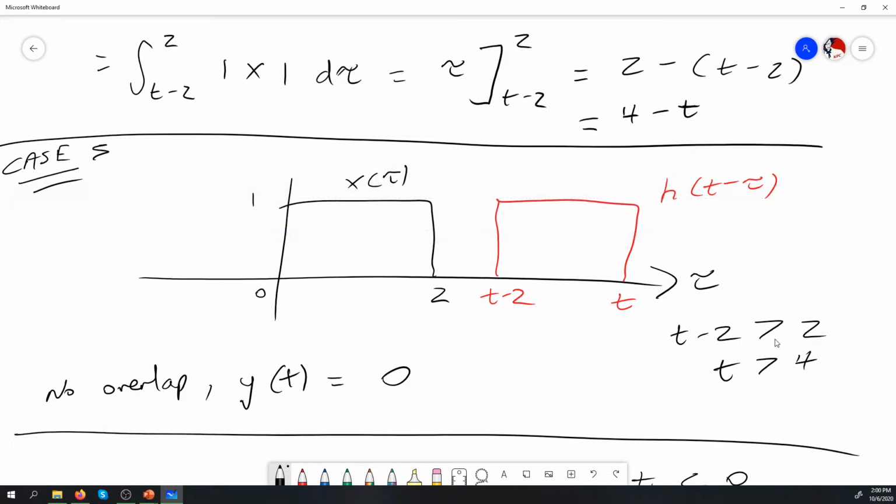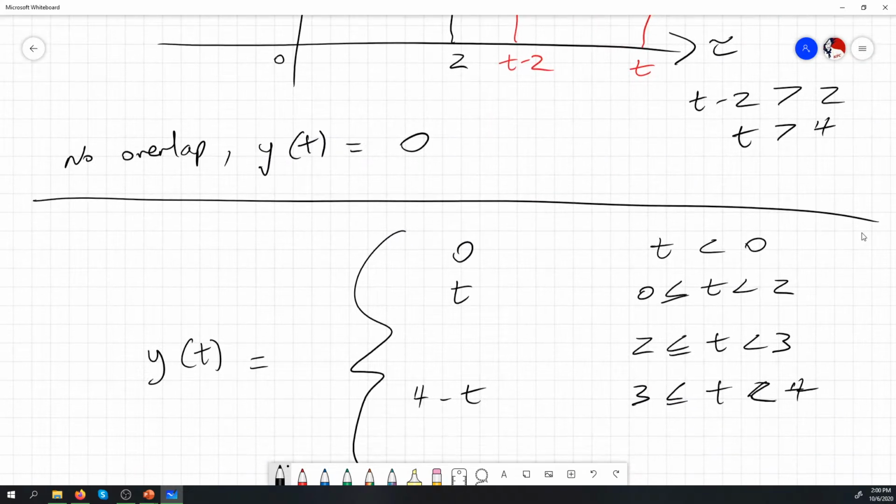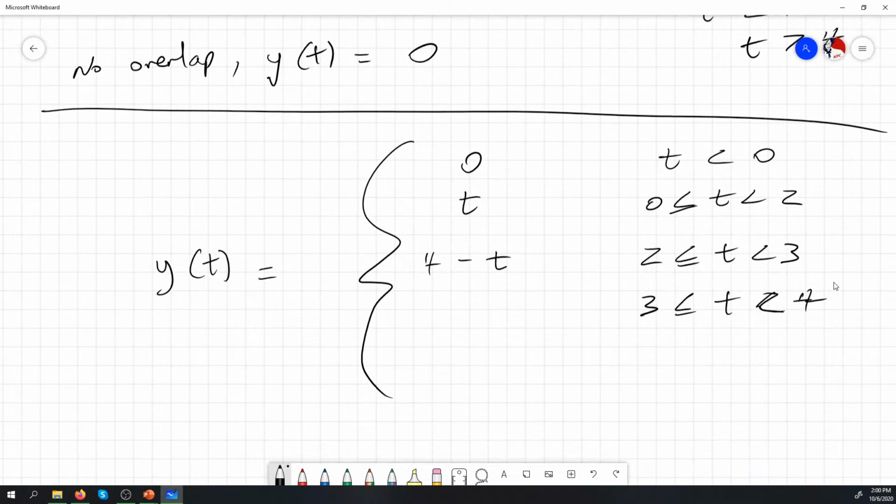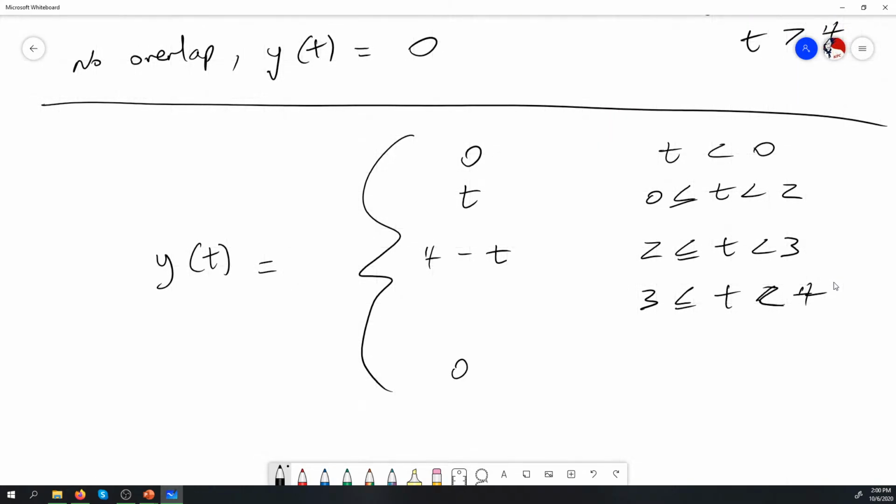Sorry, my mistake. I understand what I'm doing wrong now. So four minus t here. Right, well, we didn't evaluate this for 3 less than or equal to t less than 4. Right, that's true. And then we had 0 here being t more than 4.